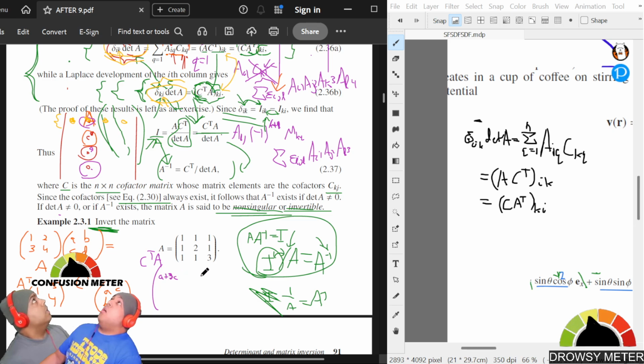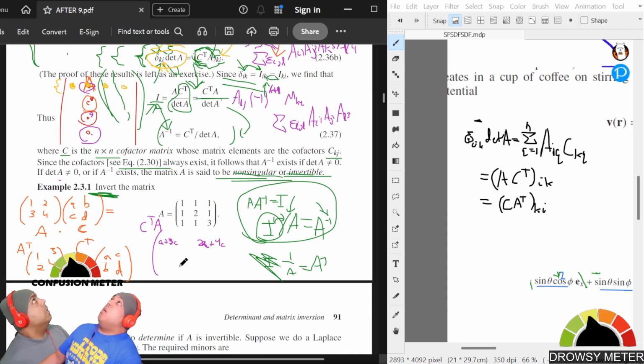This guy would be 2A plus 4C. This guy would be B plus 3D. This guy would be 2B plus 4D.